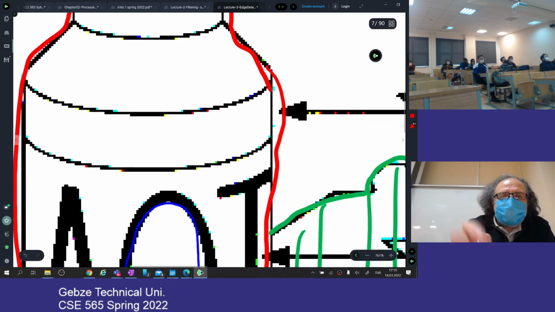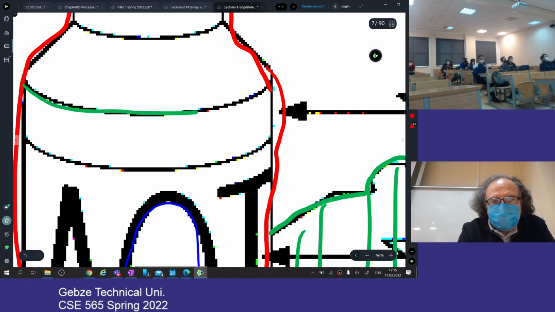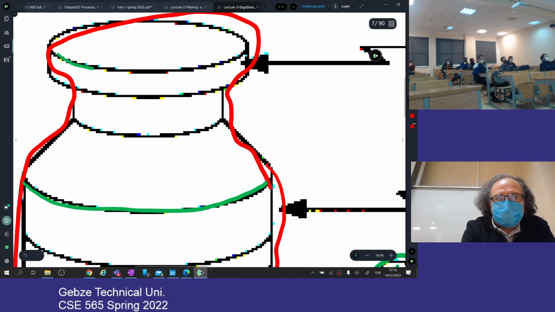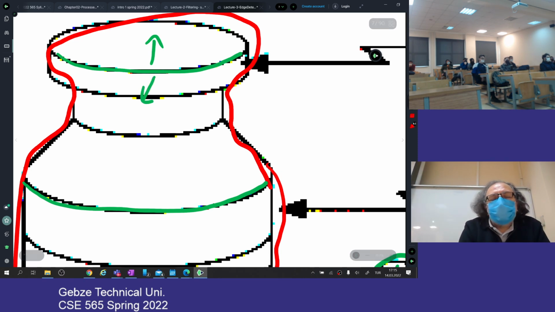Sometimes I get these kind of edges too. The surface normal is up at the top, and the surface normal is towards us, right here. So the surface normal discontinuity will create edges.